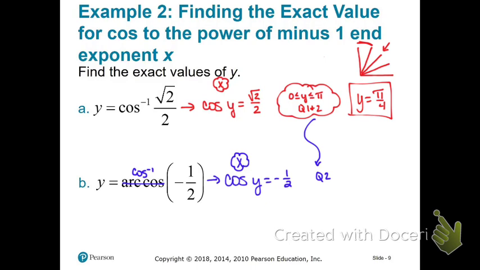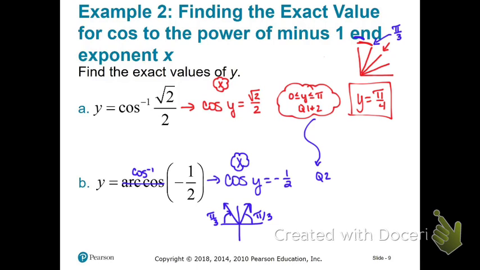Which angle has the x that's going to be a 1/2? That means I need 1 above. This is my finger, which is pi over 3. But now remember, I'm going to come down here below it. This is pi over 3, which means it's my reference angle, so this angle here is also pi over 3.